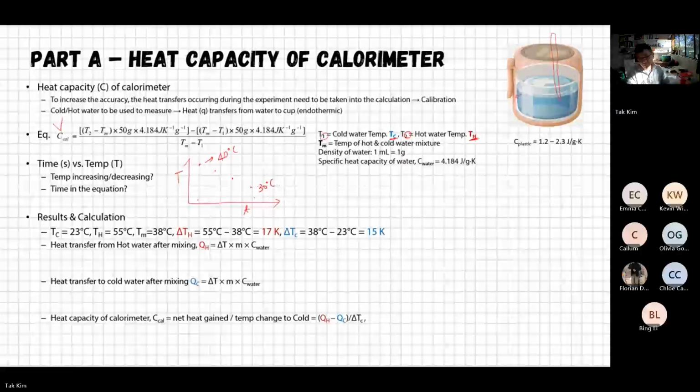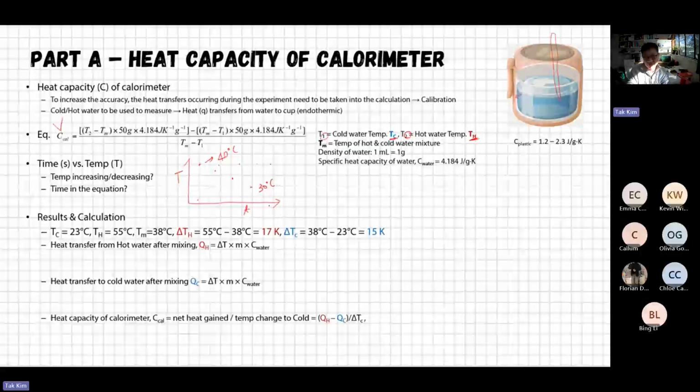Right. So ideally, again, the calorimeter should be able to provide 100% isolation, but because of the limitation, this is what we had. So obviously, temperature should be decreasing, but if it can provide 100% isolation, your temperature should remain at 40 degrees, regardless of time you spend.